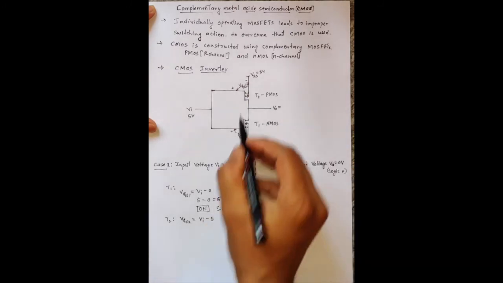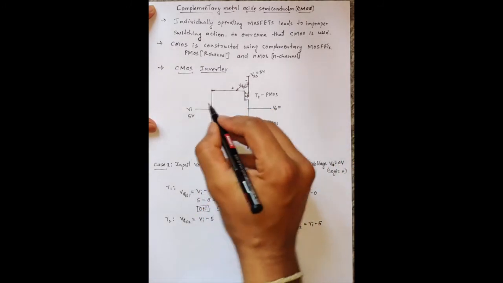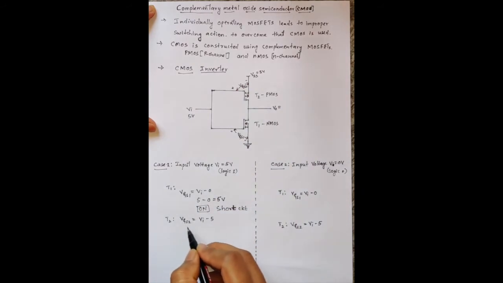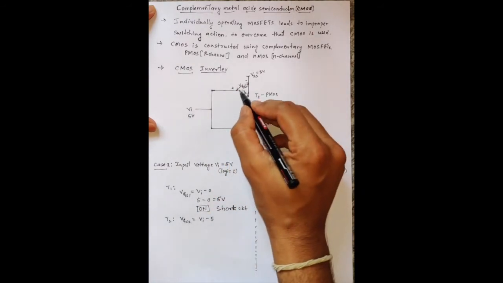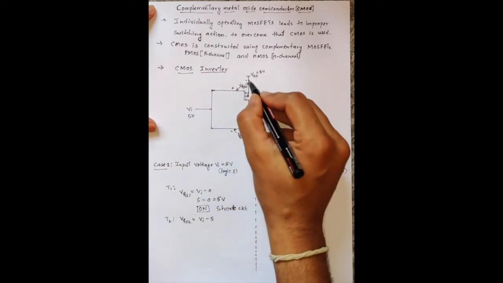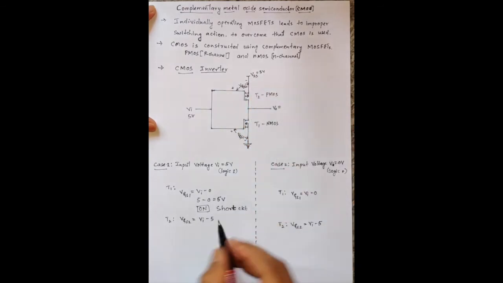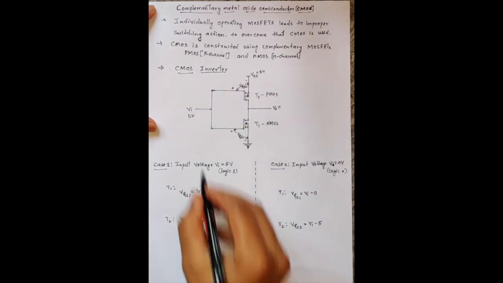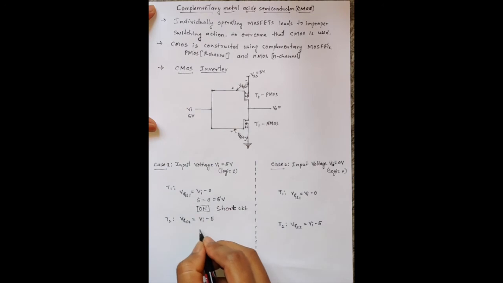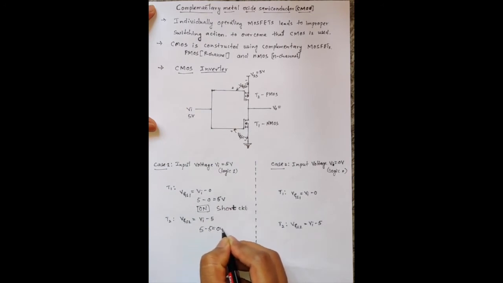Similarly for transistor T2, VGS2 is the input voltage, so the potential difference is V in minus VSS, that is V in minus 5 volts. Here we are providing V in as 5 volts, so 5 minus 5 will be equal to 0 volts.